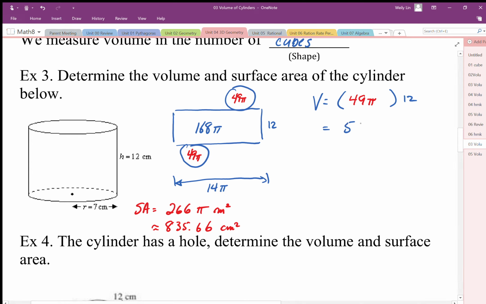Now that we take the area and give it some thickness, we get cubes. When we approximate the decimal for this, we're looking at about 1,847.26 centimeters cubed. And if you're somewhere close to that, that's good enough because we might have some error from rounding.